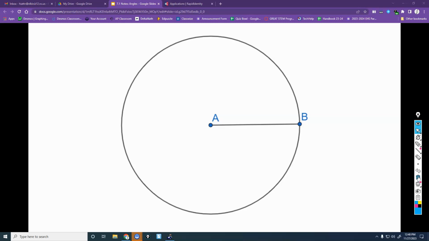I'm going to quit trying it up here because my circle's terrible. You put a dot, measure it out, put another dot, measure it out, put another dot, and keep going around the circle. So I want you to do that on yours. I'm going to try to do it up here on my screen. Let's see. I think this is it.